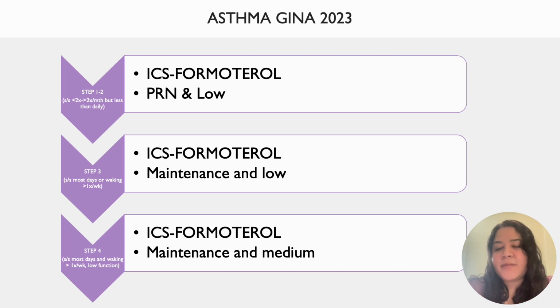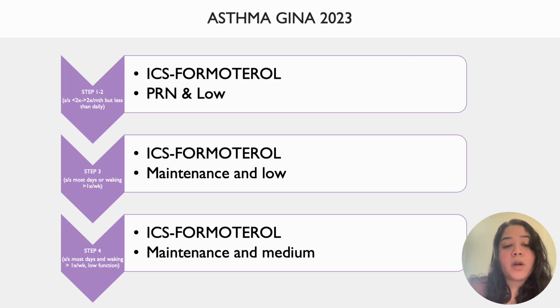Step 3, the symptoms are becoming a little bit more bothersome. They have signs and symptoms most days of the week, and they're waking at least 1 time per week due to the asthma symptoms. So what we do here is we increase their maintenance therapy. So I see it as formoterol low or medium. Ready?